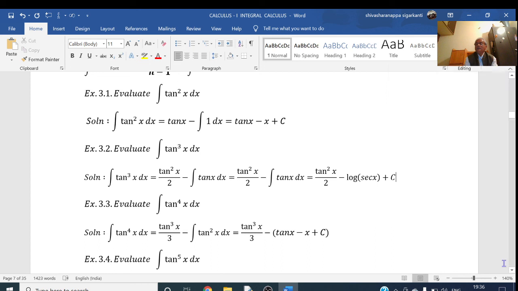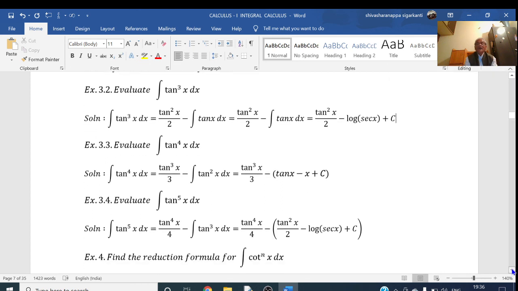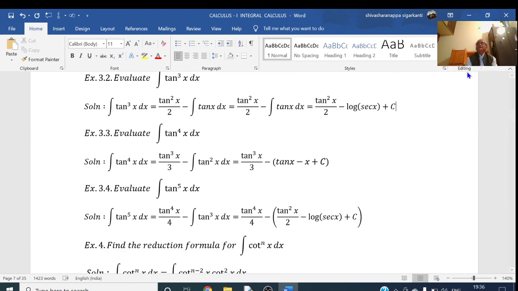Similarly, we can find out tan fifth of x. Here n equal to 5. Substituting n equal to 5, we get tan x to the power of n minus 1, 5 minus 1 is 4, divided by n minus 1, which is 4, minus the integration of tan x to the power of n minus 2, 5 minus 2 is 3.